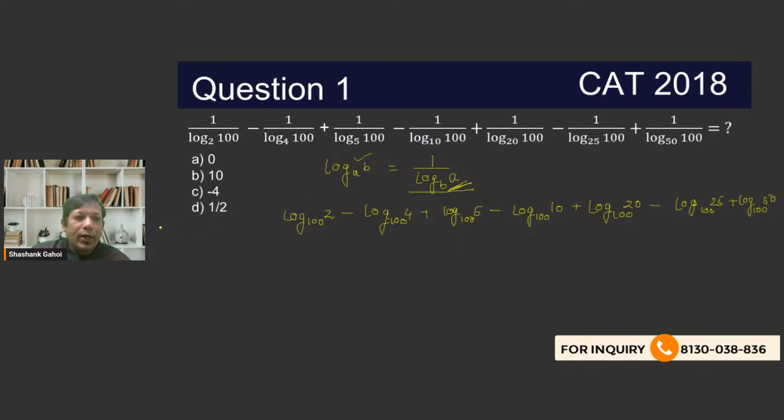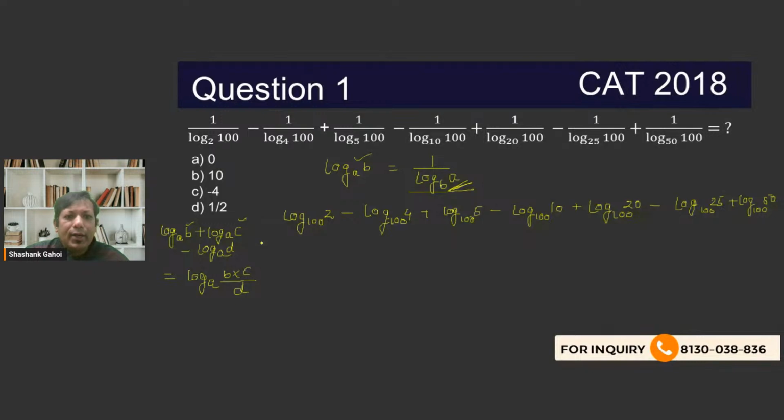Now I'm going to use these formulas: log base a b plus log base a c, minus log base a d. The bases are the same, so if the bases are the same, whatever values are in addition are going to be multiplied, so b into c, and whichever value is in subtraction is going to be divided, so upon d.